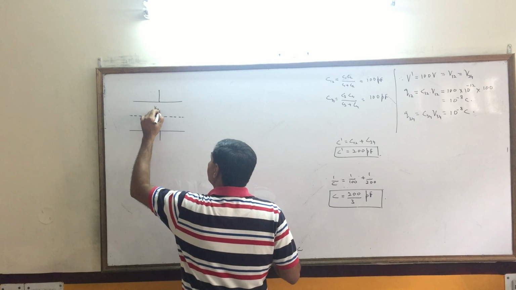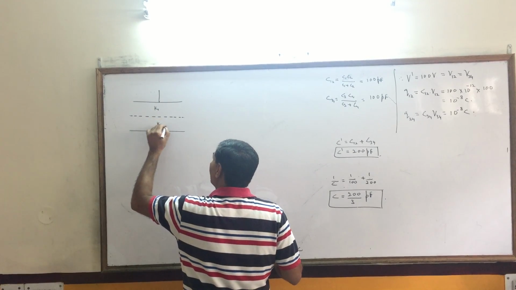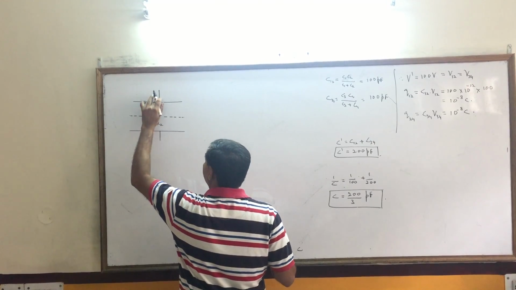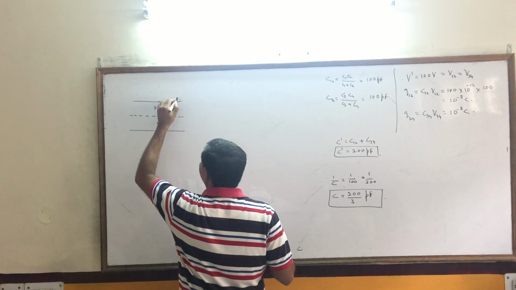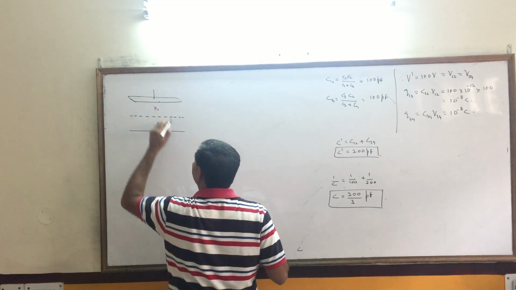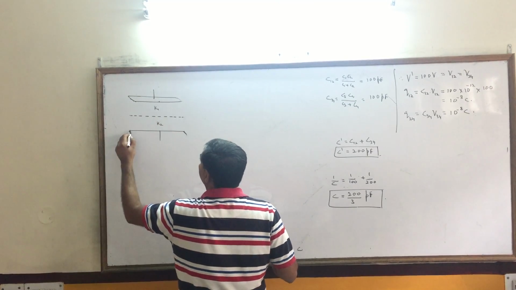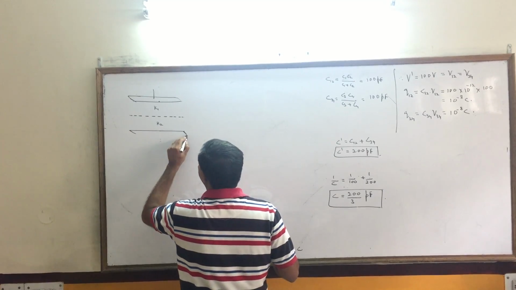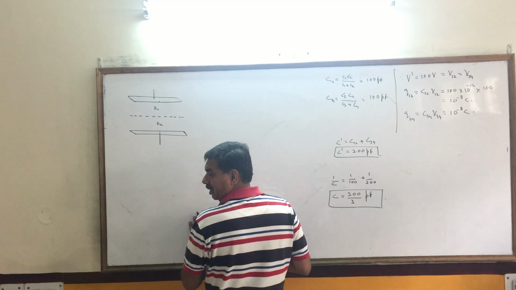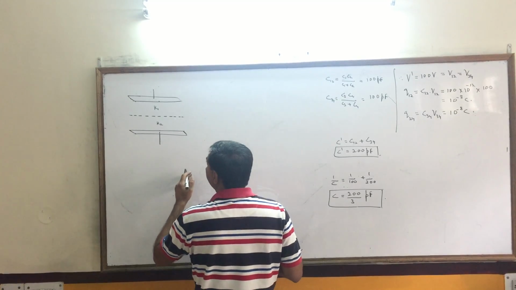This is a medium of constant K1 and this is a medium of constant K2. The area of the plates is, actually these plates are like this now. Plates होती हैं, ठीक है? Actually it is like this. Okay? You can draw a single line.